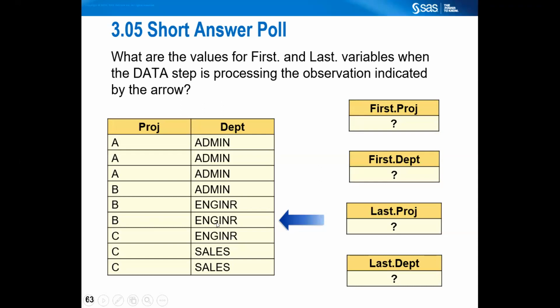First dot department is also 0, because it's not the first observation either. First dot for both values are 0. But this is the last observation, so last dot project is 1. And this will force the department value to take its last dot value as 1 as well. Correct?